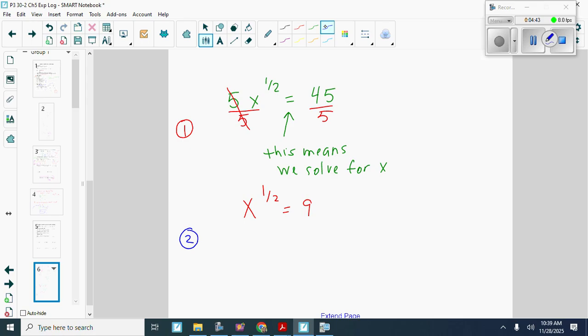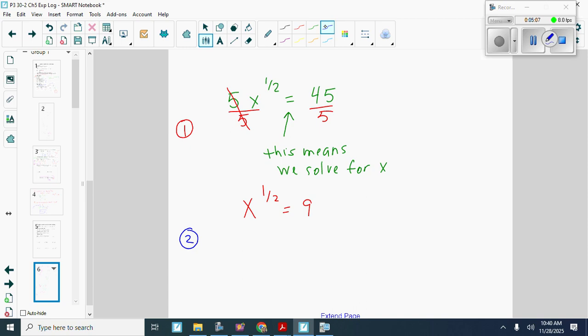And we saw yesterday that if we were to raise both sides, because what you do to one side, you have to do to the other. I divided by 5 on one side, I had to divide by 5 on the other. If I put this to an exponent, if you do the reciprocal, anything multiplied by its reciprocal, its answer is 1.